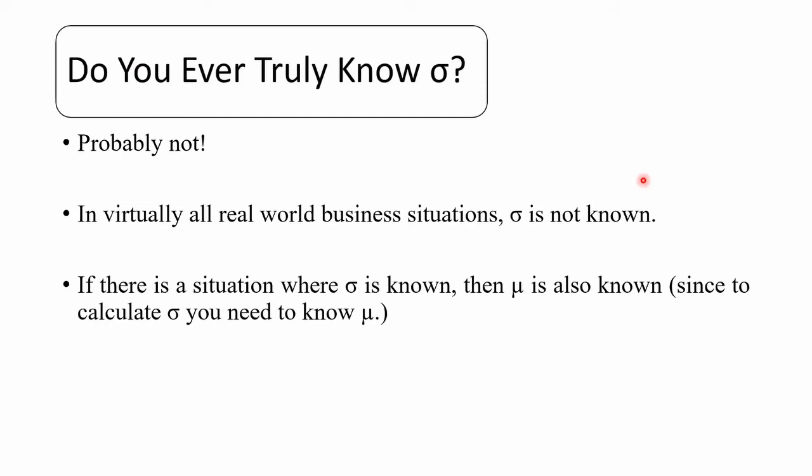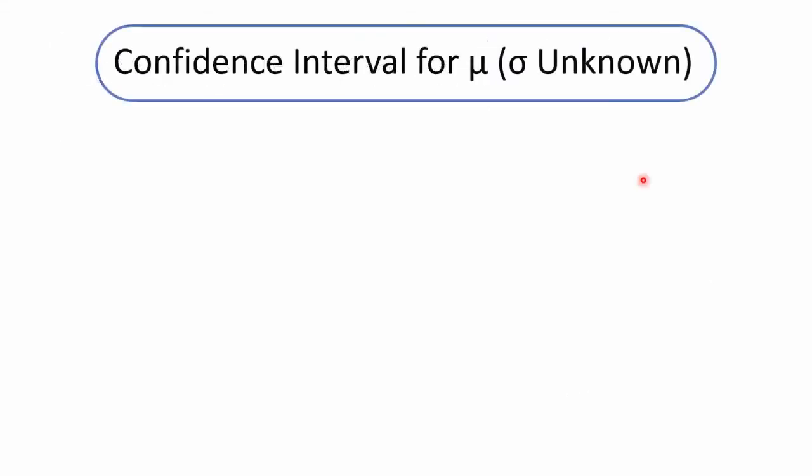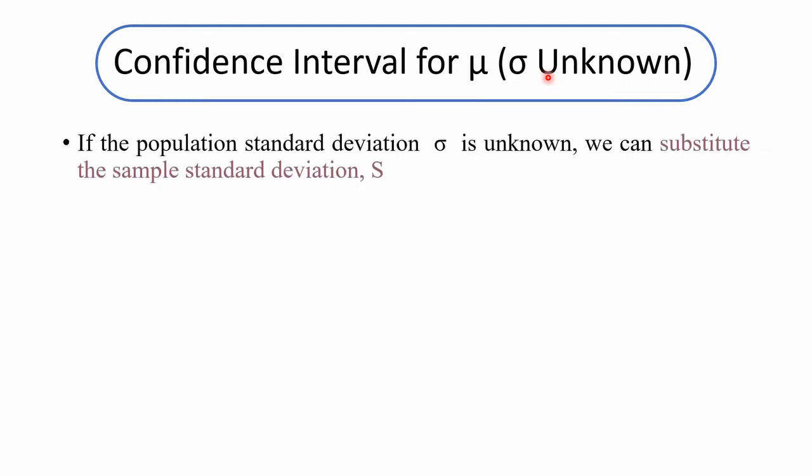So basically what I'm trying to say is, in practical cases, in the real world, you would not know your population standard deviation. So in that case, how would you calculate your confidence interval for your population mean mu when your sigma is unknown?